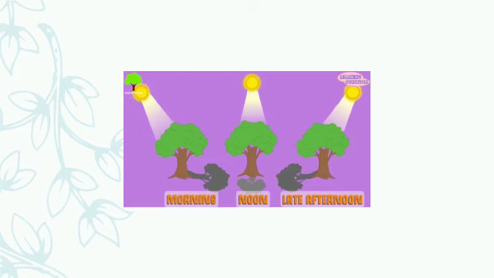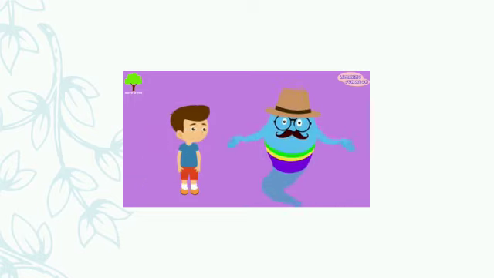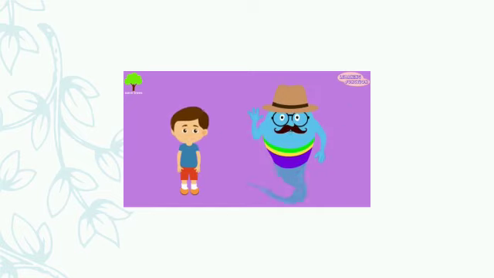This is why you see different sizes and shapes of shadows. Show the chart to your friends. In the morning, your shadow will be long. At noon, it's small. And in the late afternoon, it's long again. Now, you know a lot about light and shadow. Stay tuned for more videos. Bye-bye.